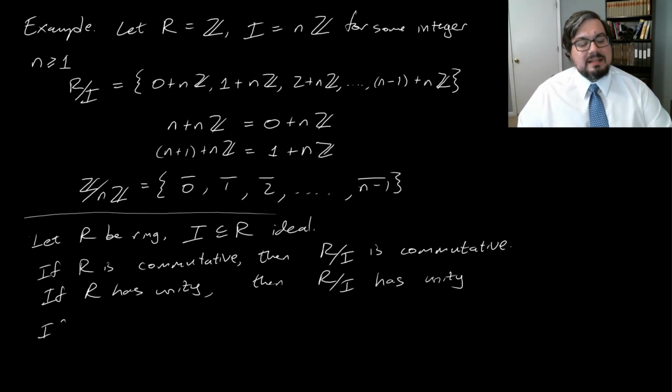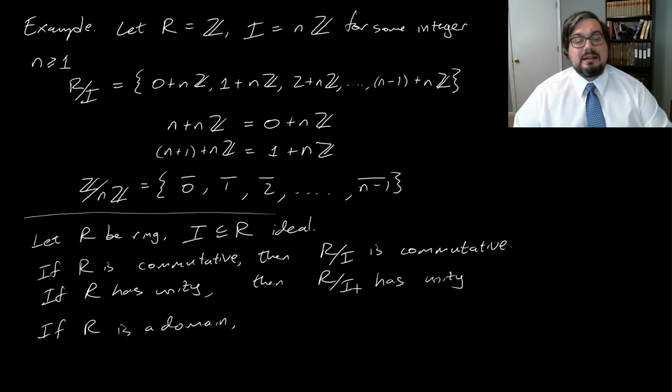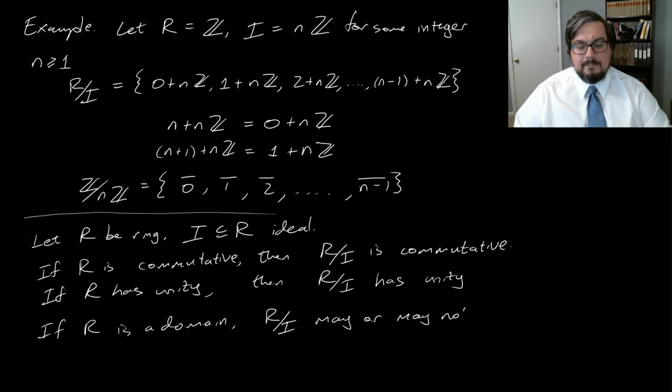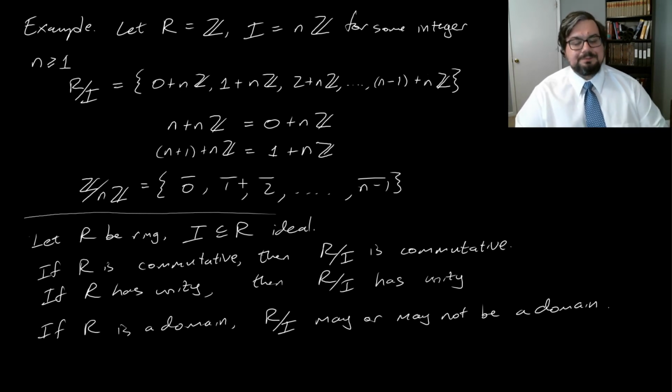Now, one might expect that we could go further. So if R is a domain, one might hope that R mod I would necessarily be a domain, but that is not true. R mod I may or may not be a domain. And we can see that from the previous example.